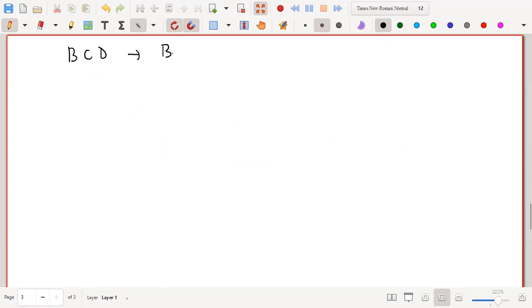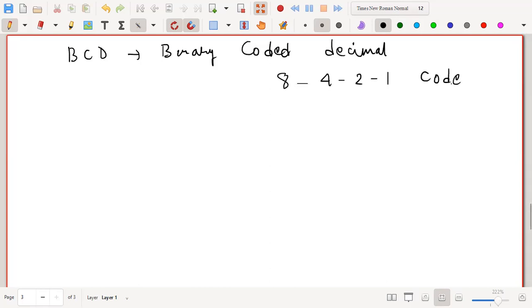What is this BCD? This is binary coded decimal, and it is also known as 8421 code. Why 8421? It will be clear to you in a while.